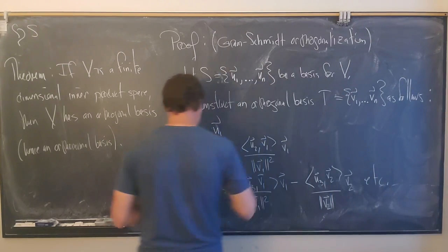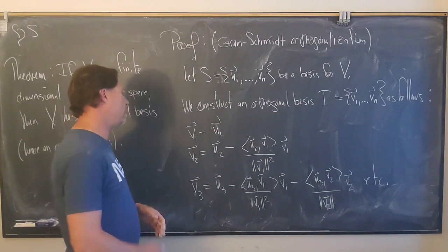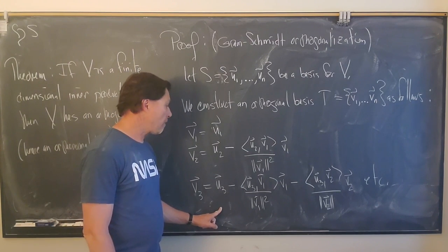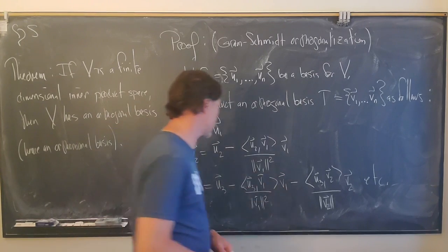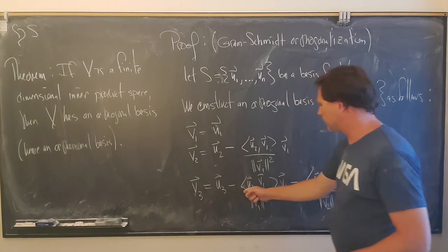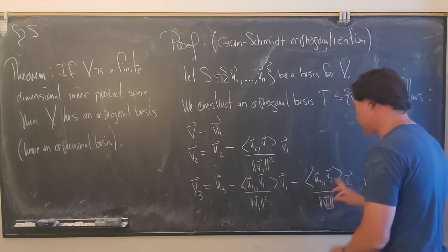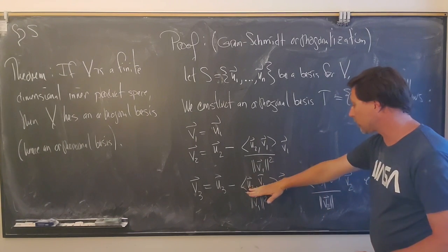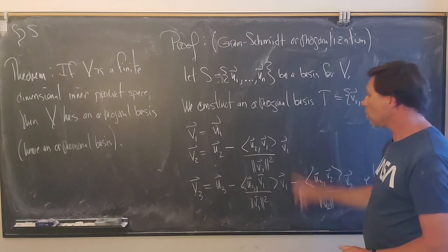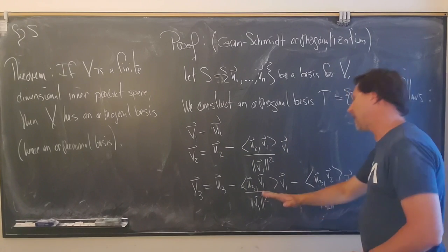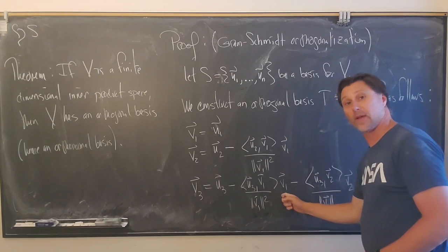The pattern continues. If you want v sub 4, it's going to be u sub 4 minus, and there'll be 3 pieces to subtract. Everything else stays the same, so put a u sub 4 in each of those spots, and you do the inner product with each of the basis vectors that you created before, divide by the norms, multiply by the vectors.